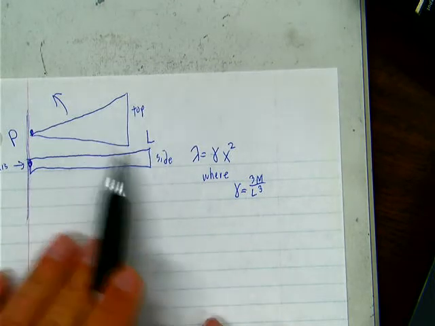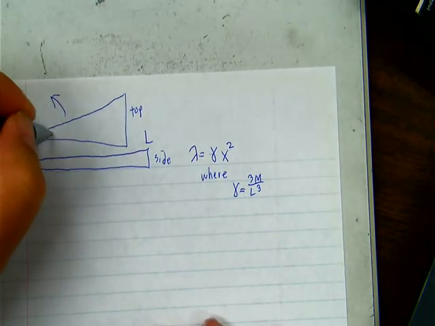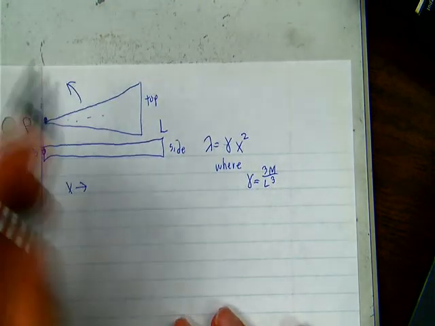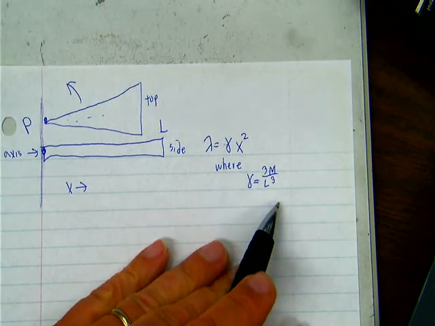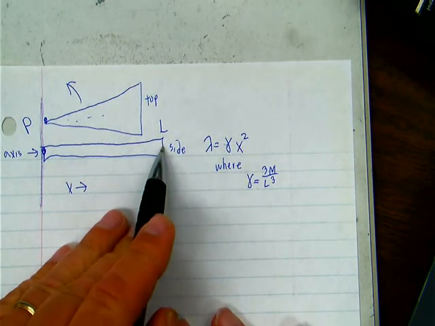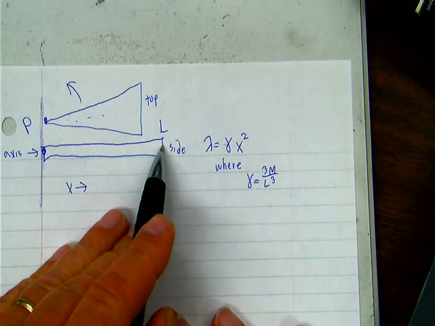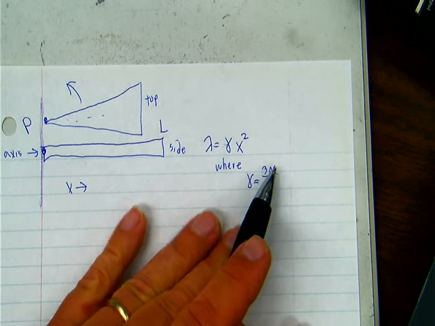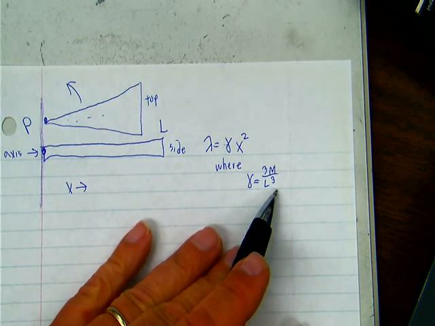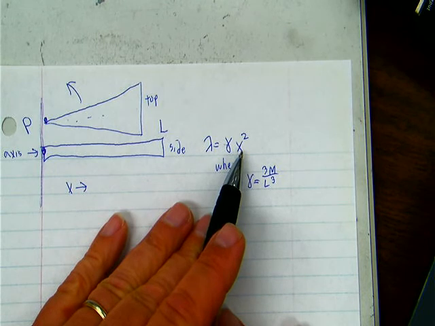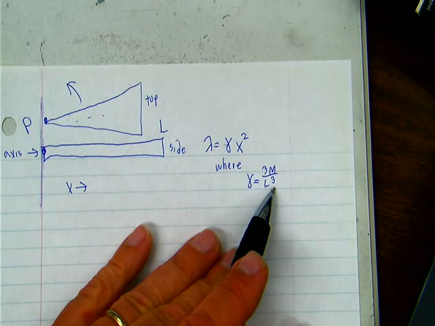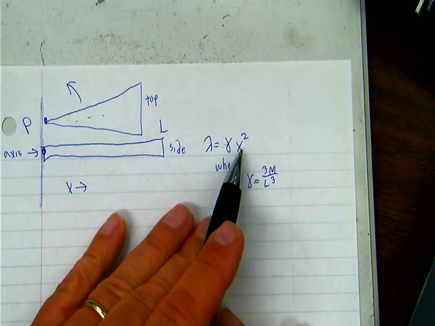All right, so they're giving us a formula that shows how much mass there is as a function of x. So x is still going off to the right. And as x goes to L, the density becomes 3 times m divided by L cubed times L squared at the very end.